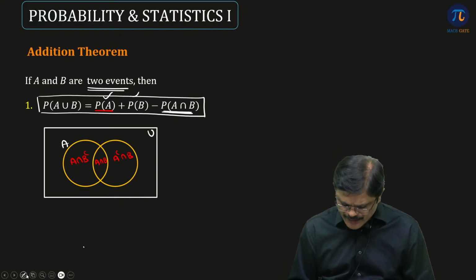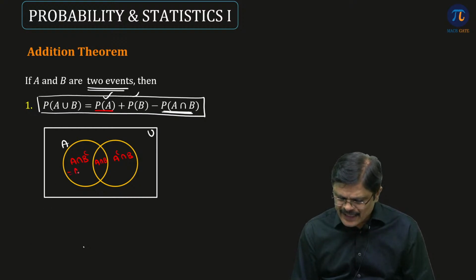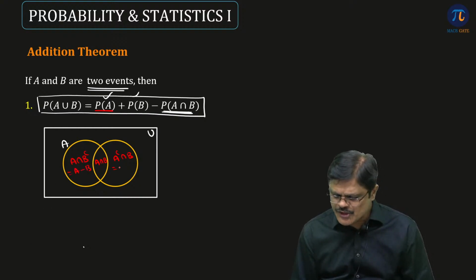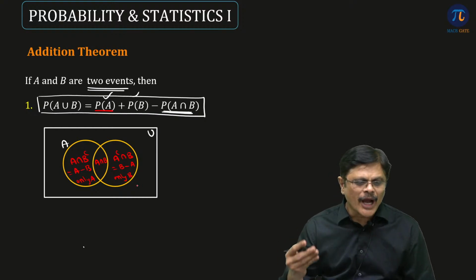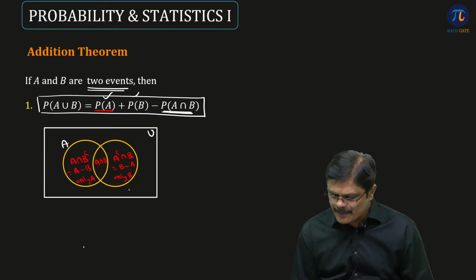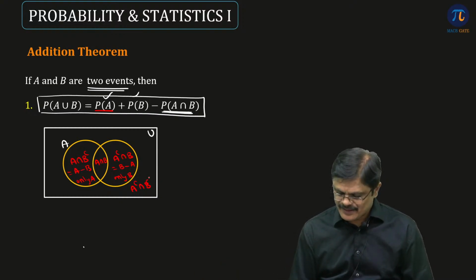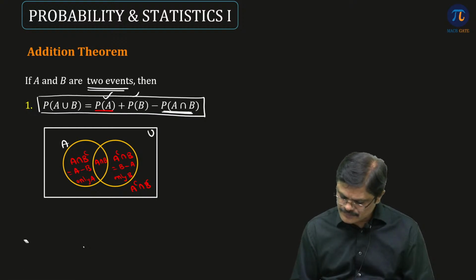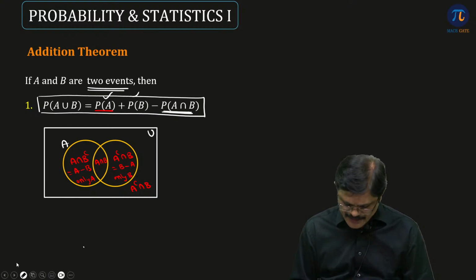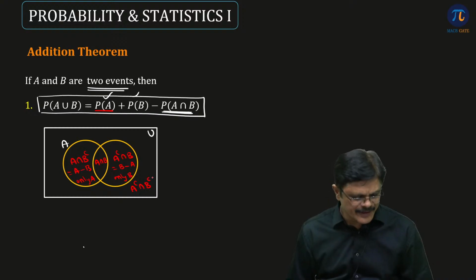Actually, this portion we can also write as A minus B, and this portion we can also write as B minus A. Or you can read them as only A and only B. Now, what about the outside portion? The outside portion is not A and not B. That is neither A nor B.